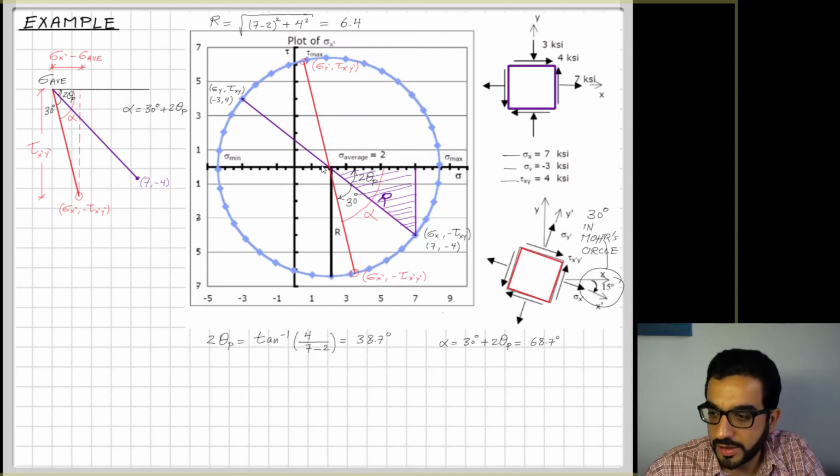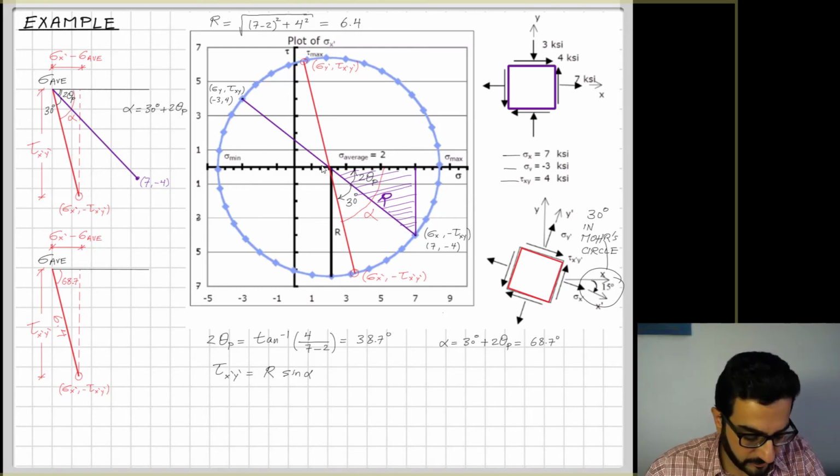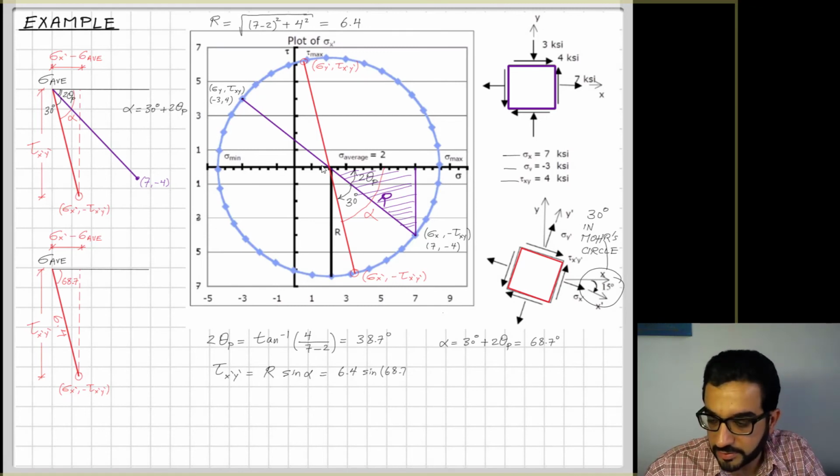So I have R and I have alpha. I can focus back on the triangle of the transformed stresses, and calculate tau x prime y prime as the radius times sine alpha, which gives us 5.96 KSI.